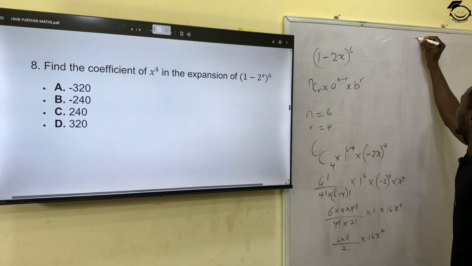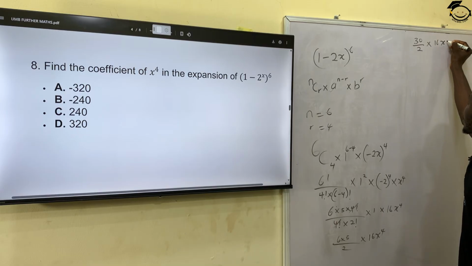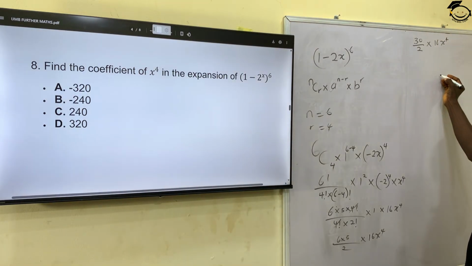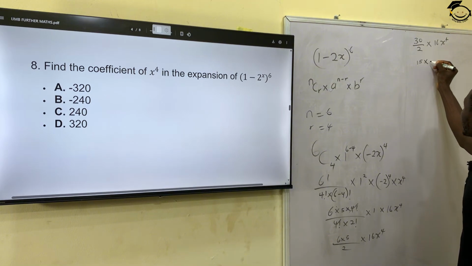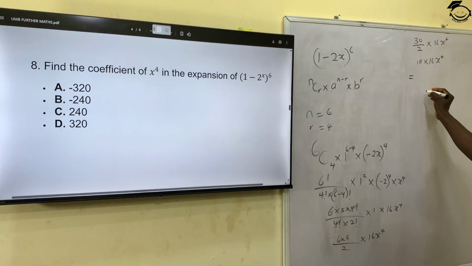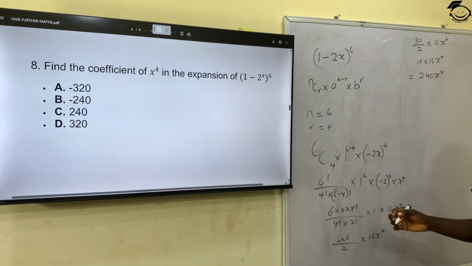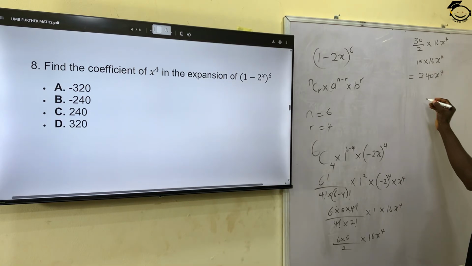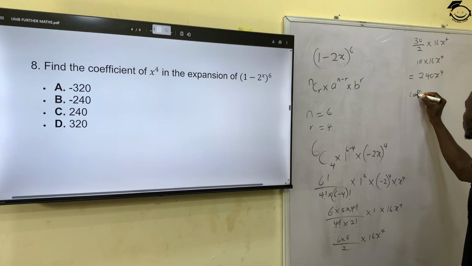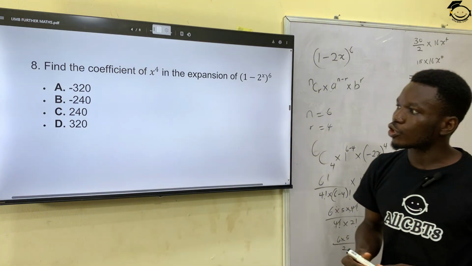And that will give me 30 over 2 times 16x raised to power 4, and that will give me 15 times 16x raised to power 4, which will give me 240x raised to power 4. So the coefficient of x raised to power 4 here, our coefficient, is equal to 240, which is option C.